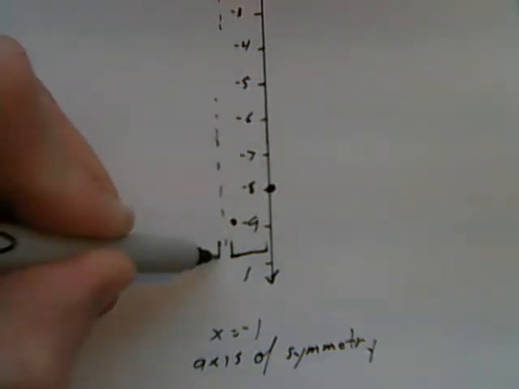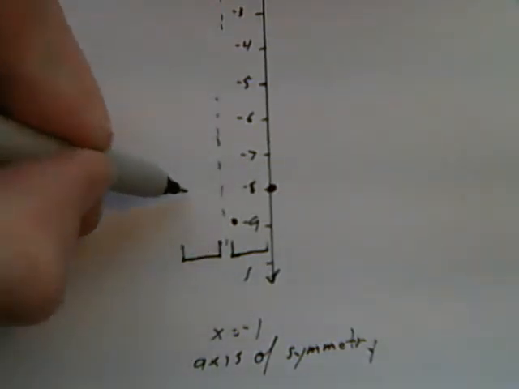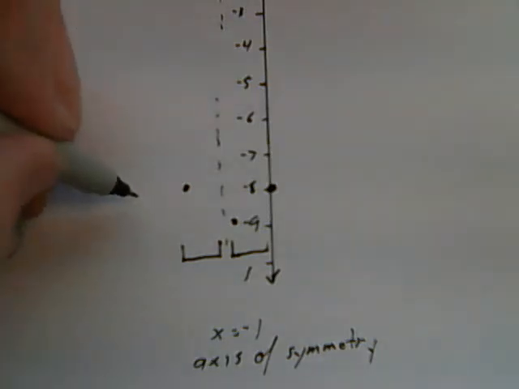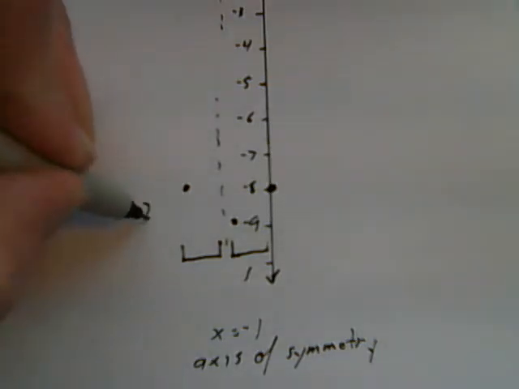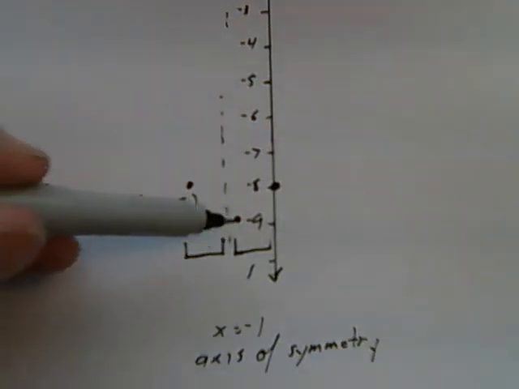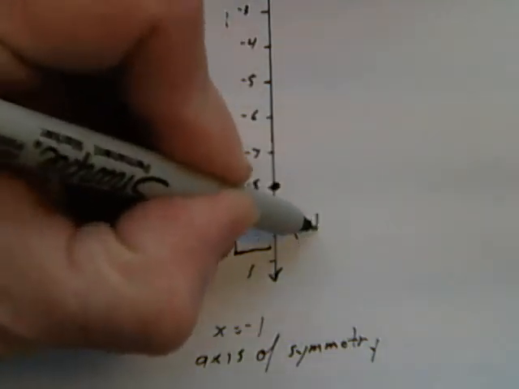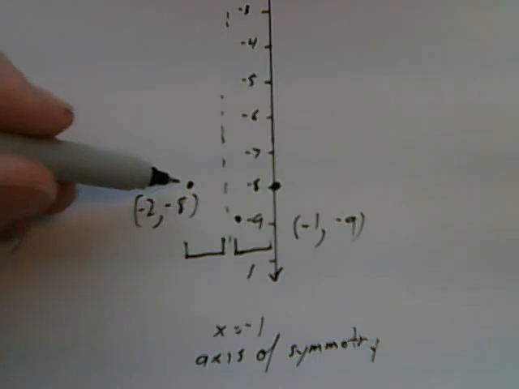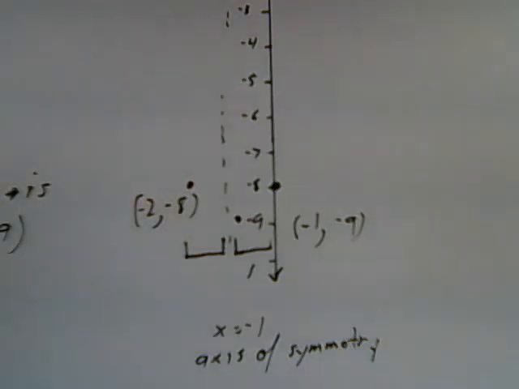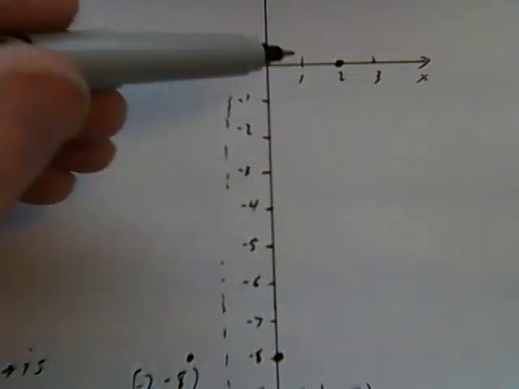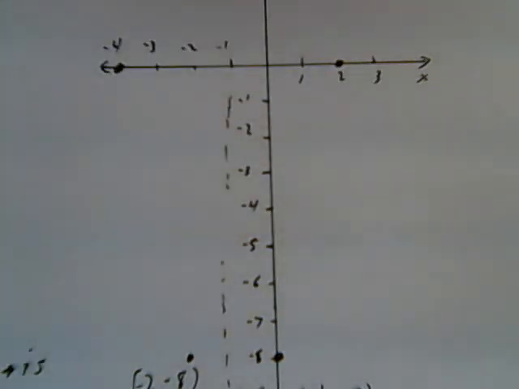So if I go 1 unit more this way, my y-intercept mirror point is going to be negative 2, negative 8. I now have 5 points. I've got my vertex, negative 1, negative 9, my y-intercept of negative 8, my y-intercept mirror point at negative 2, negative 8, and my 2 roots, negative 4 and positive 2.